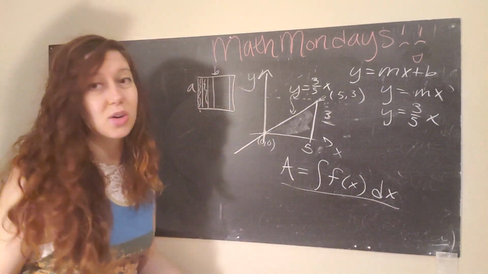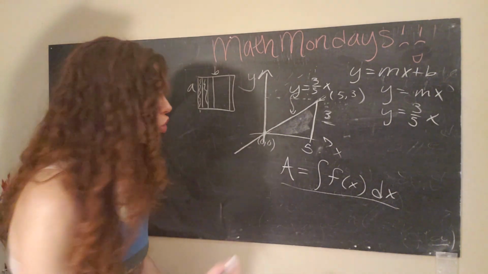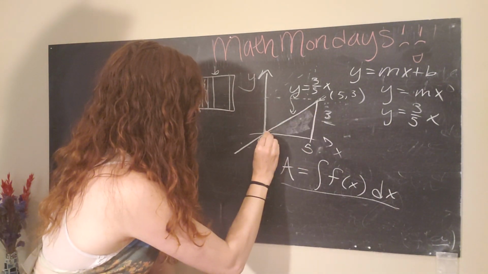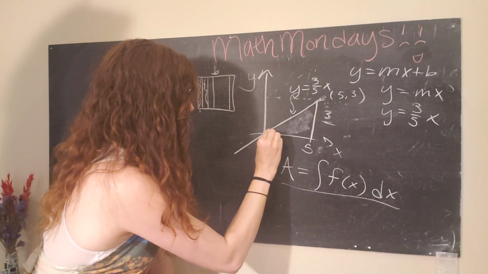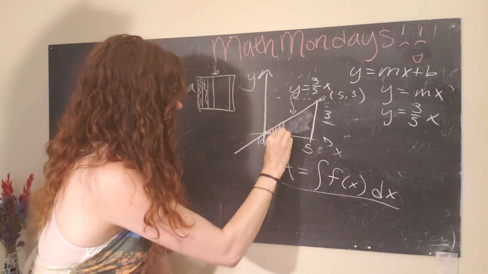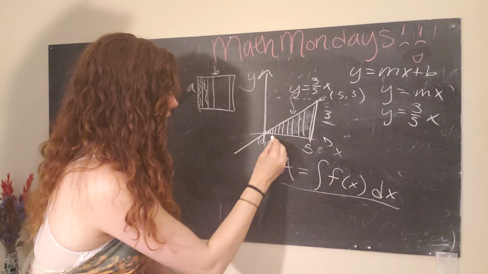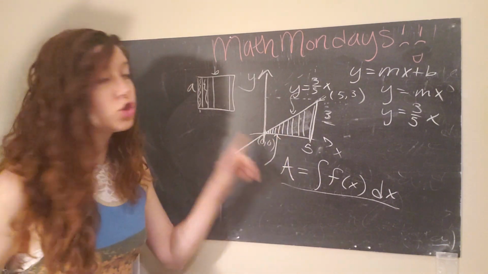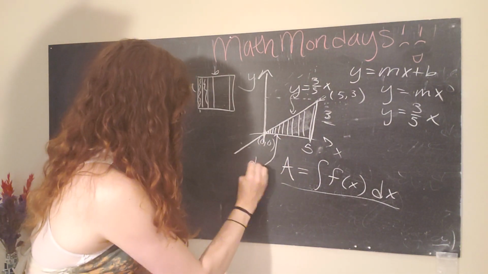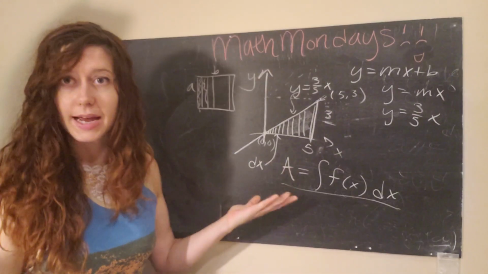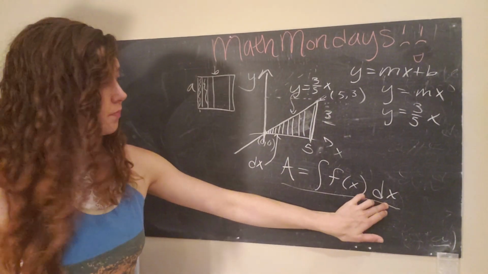Dx basically just means a tiny little chunk of x. So this is a little chunk of x, this is a little chunk of x. We're doing the exact same thing. So in this case, the width of each of these chunks is dx. That's it. That's what this means.